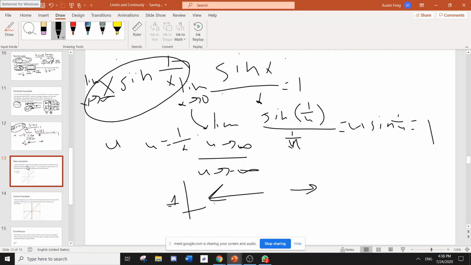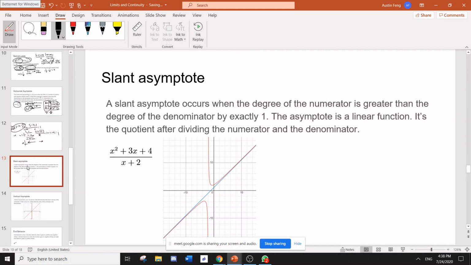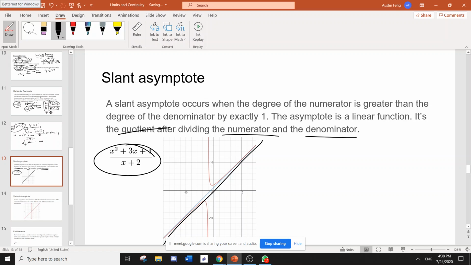Okay. Slant asymptotes. Slant asymptotes occur when the degree of the numerator is greater than the degree of the denominator by exactly 1. We see here that the asymptote is a linear function, and it's precisely the quotient after dividing the numerator by the denominator. So let's use this example over here. We have x squared plus 3x plus 4 over x plus 2.